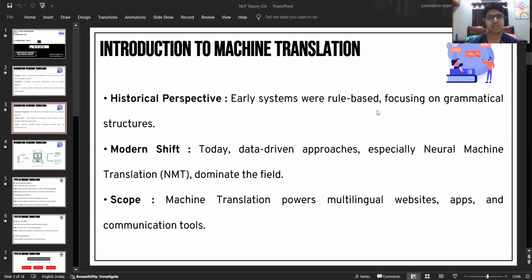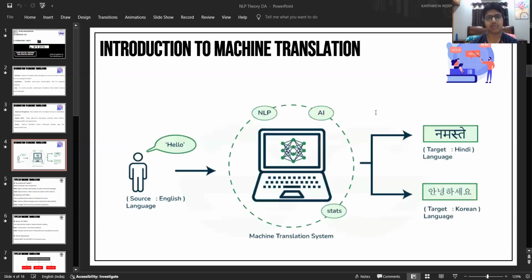The scope of machine translation has grown to power multilingual websites, apps, and other communication tools, enabling easier access to information for people worldwide. So, this is the general diagram for application of machine translation. So we will be using NLP techniques or AI ML models to convert one language to another language.